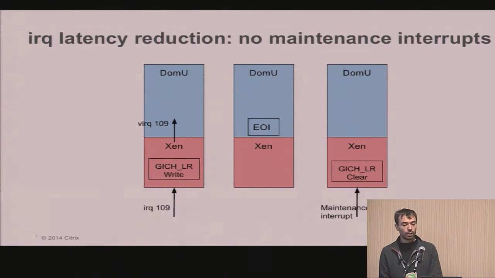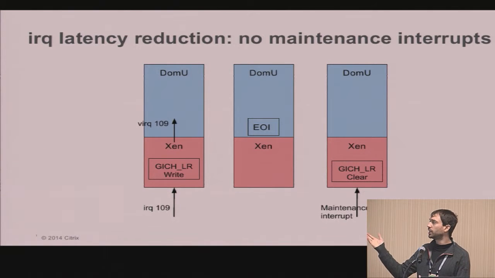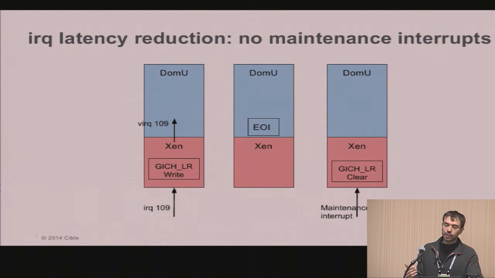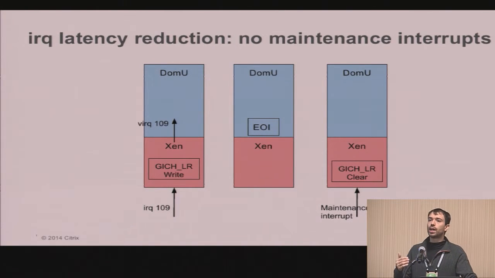Before, in 4.4, what we used to do, this is just an example: IRQ 109, interrupt 109, would interrupt the physical CPU. We get into Xen. The hypervisor receives the interrupt and writes to the GICH_LR register to inject the corresponding virtual interrupt into the virtual CPU.